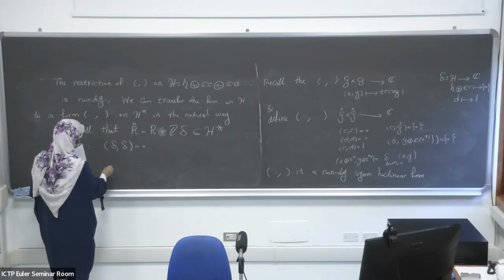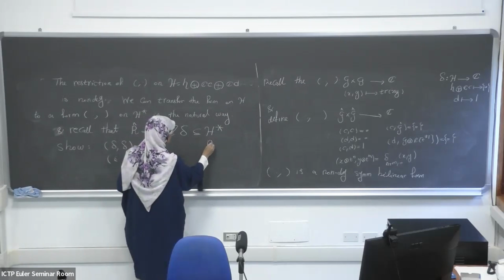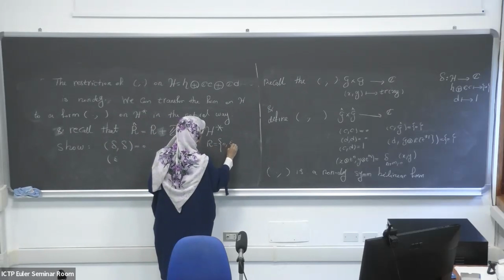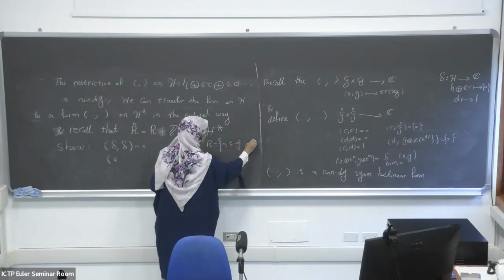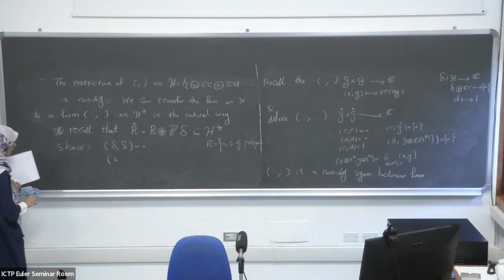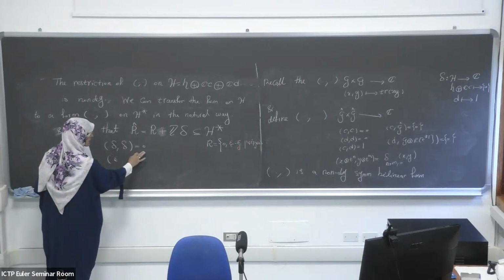And let me recall R. What was R? R was epsilon I minus epsilon J, when I and J are not equal, between 1 and n. Right? Okay. You can show that delta delta is 0.